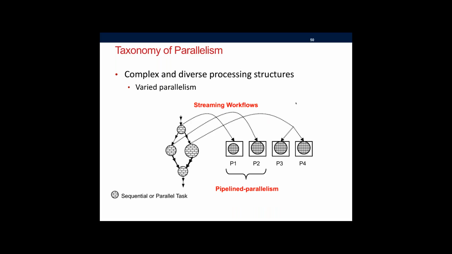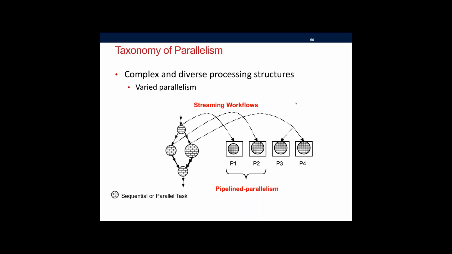Okay, and the last one is streaming workflow, which basically gives us one more parallelism. Once you finish the processing of the very first element by the very first task, then you're ready to process them in the second level, and you can do that concurrently with new data elements starting from the first task.